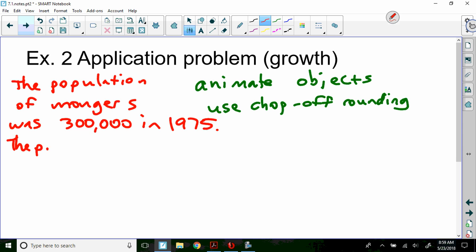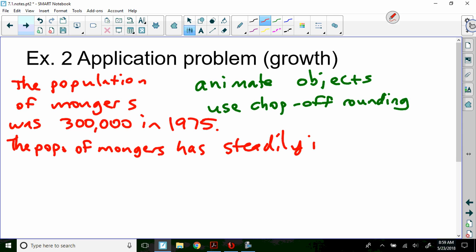The population of mongers has steadily increased at a rate of 1.9% per year since then.